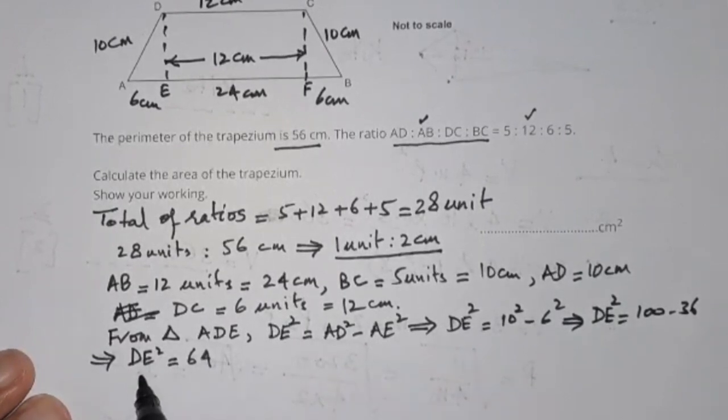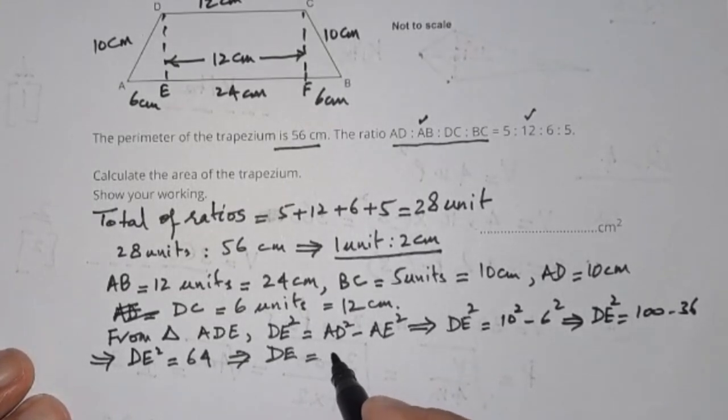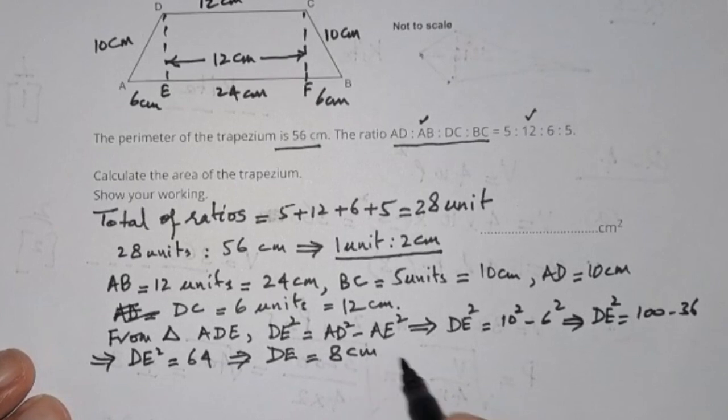And taking root on both sides, we get DE equal to 8 centimeter.